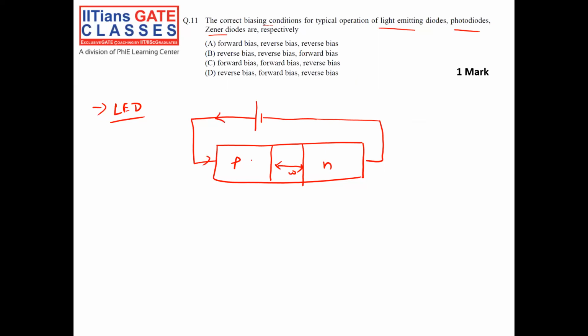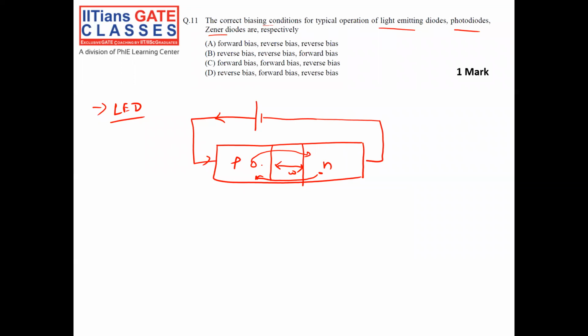The holes will move from the P region to the N region, and electrons will move from the N region to the P region. During the movement, there will be some recombination, mostly in the depletion region. Whenever an electron and a hole recombine, light will be emitted.